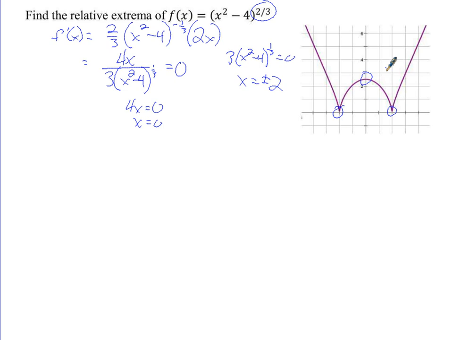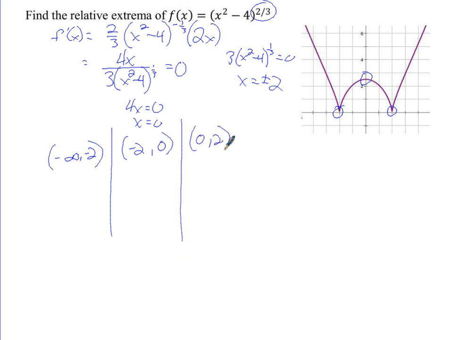What's going to happen next? Okay, what are my intervals? We have some time. So actually, I didn't give you an interval to look at, so it's negative infinity to the first critical number, which is negative 2, and then... okay.